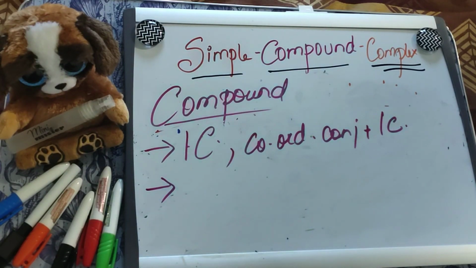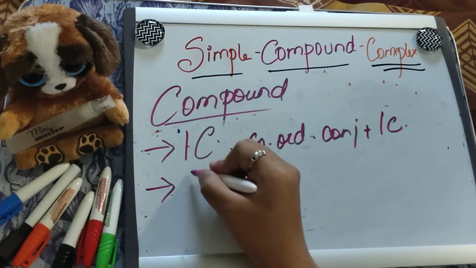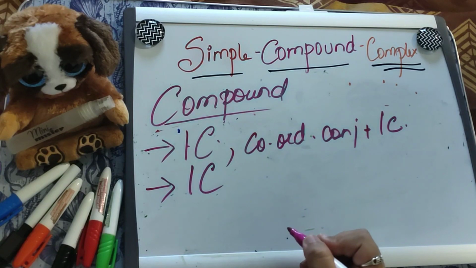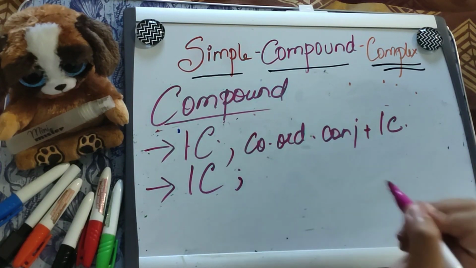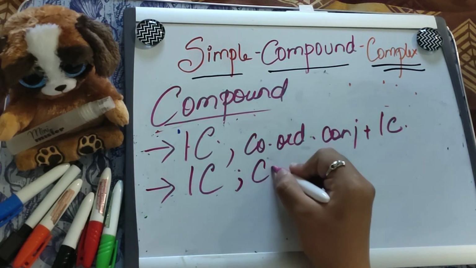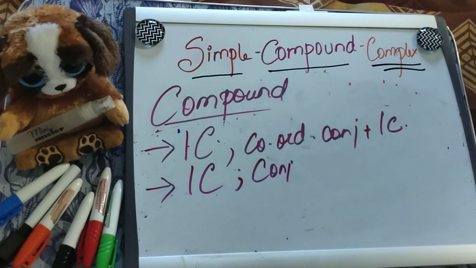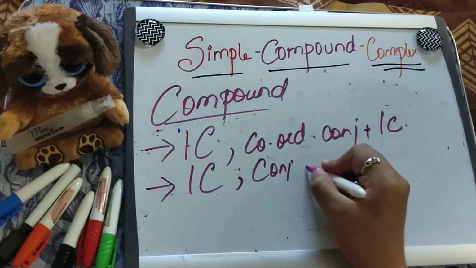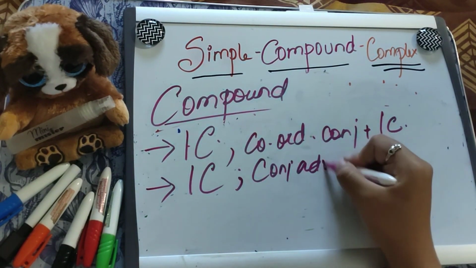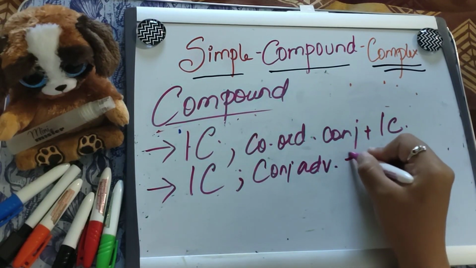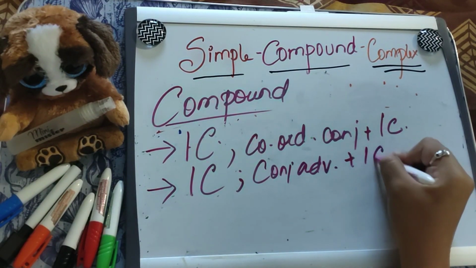The next punctuation rule is independent clause, semicolon, and then the conjunctive adverb, plus an independent clause.